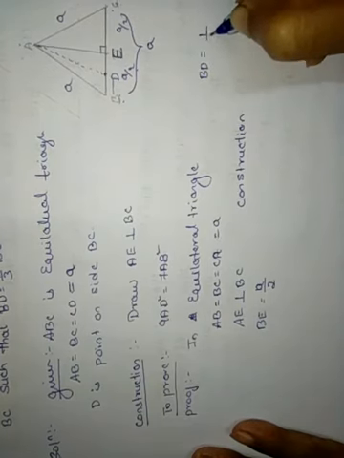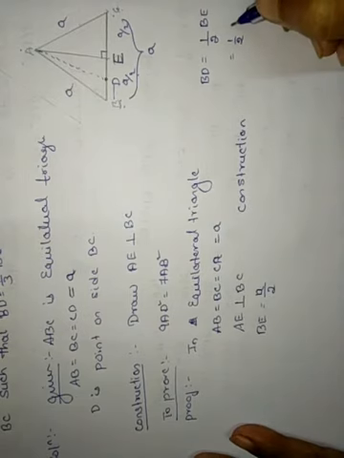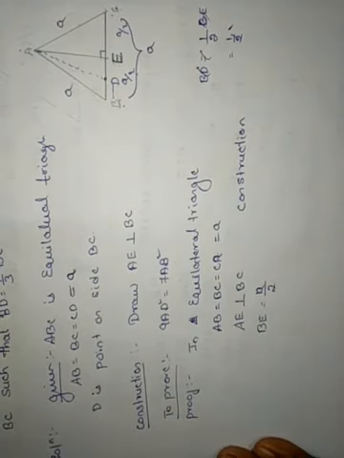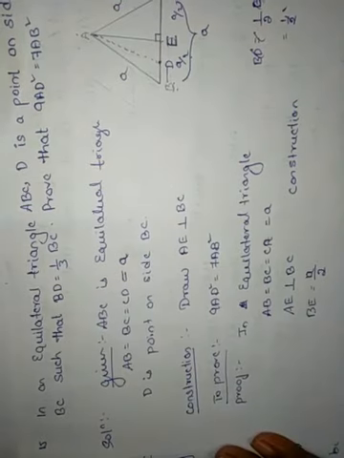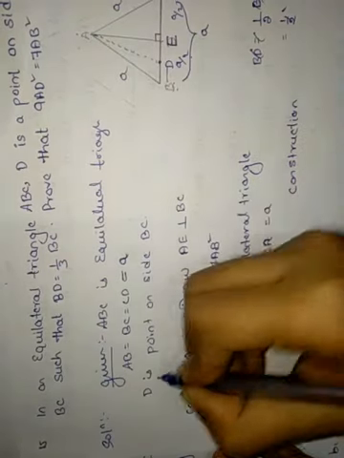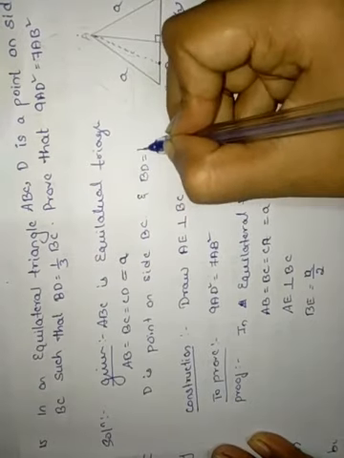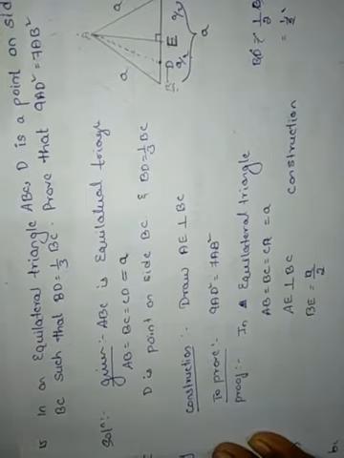BD is equal to what? Here we don't want to take this. Here they have already given DB is equal to 1 by 3rd of BC. We'll write it here also. BD is equal to 1 by 3 times BC, right? We'll use this only now.